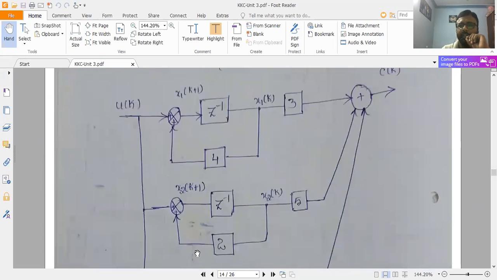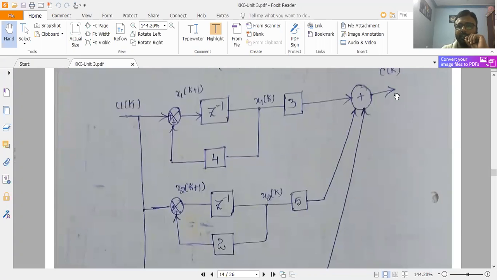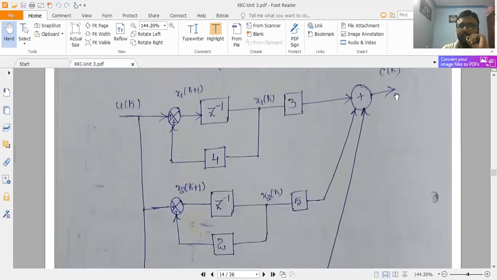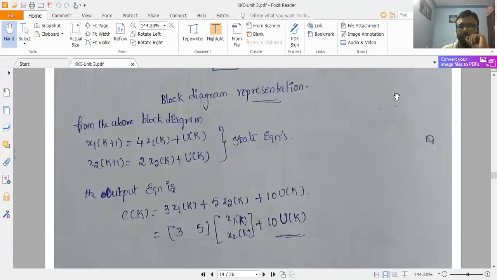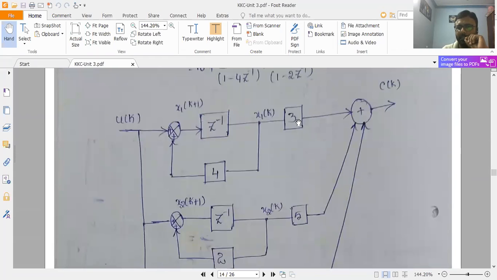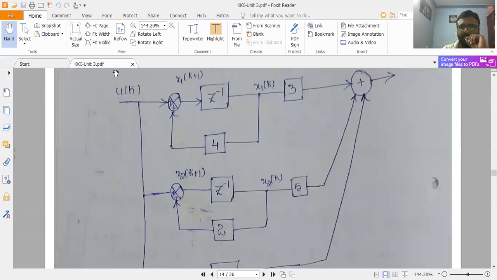And for the output equation, we obtain c of k as x1 of k into 3, x2 of k into 5, and 10 into u of k.